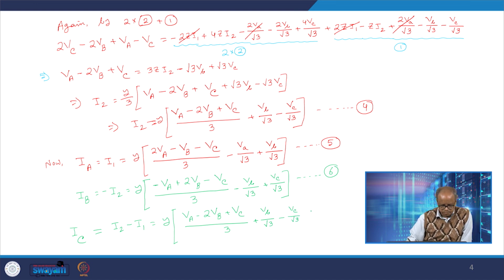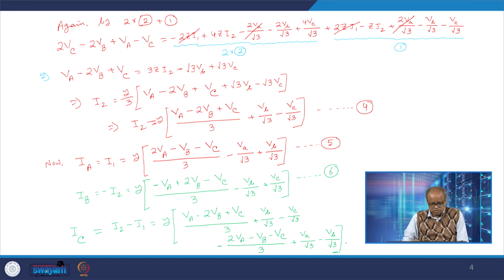Now minus I1. I1 is this, which we have already written: minus 2VA minus VB minus VC by 3, and minus VA by root 3 plus VB by root 3. So this is IC. Now let's see if something cancels out or not.